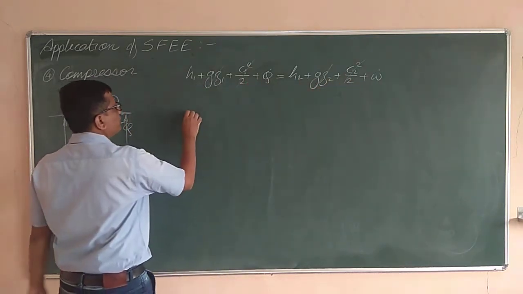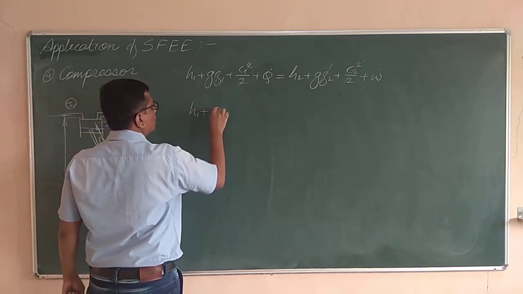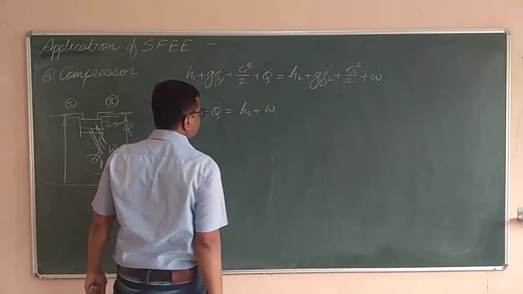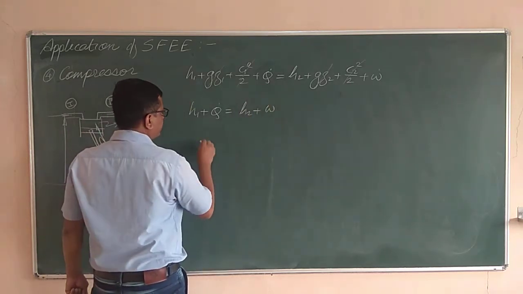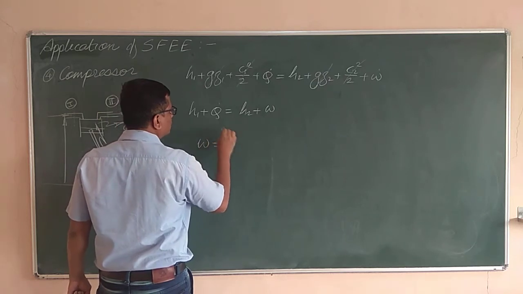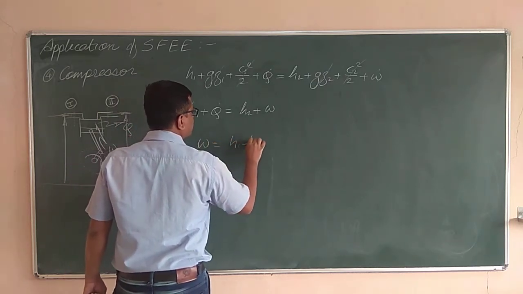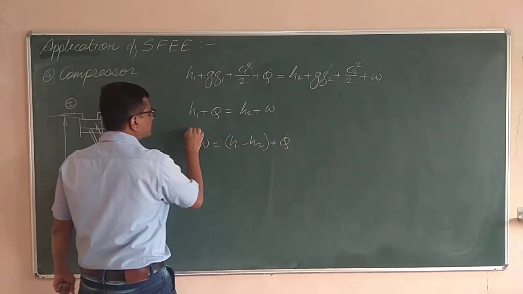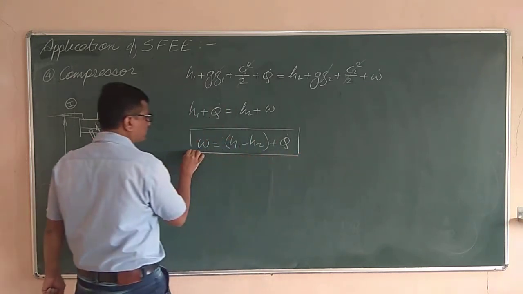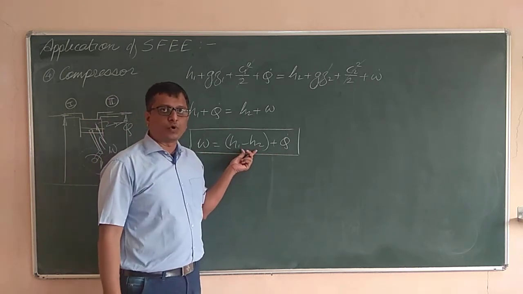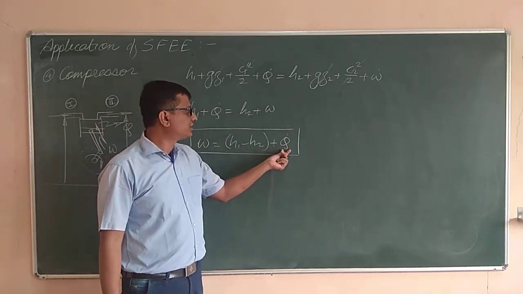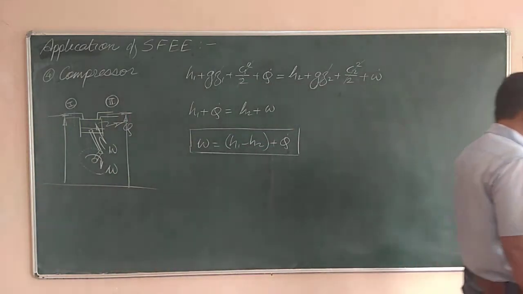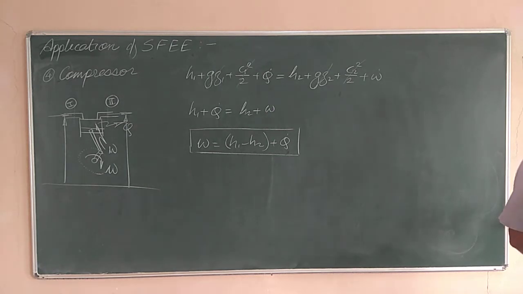The remaining terms are H1 plus Q dot equals H2 plus W dot. So W dot equals H1 minus H2 plus Q dot. The work absorbed by the compressor equals the difference in enthalpy of the working substance, or gas, plus the heat transfer across the compressor boundary. This is the application of the steady flow energy equation to the compressor.